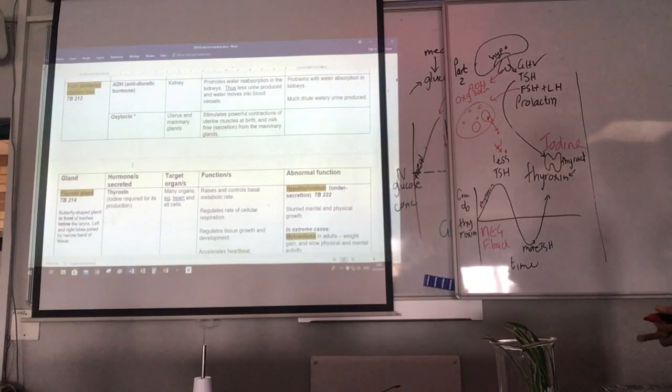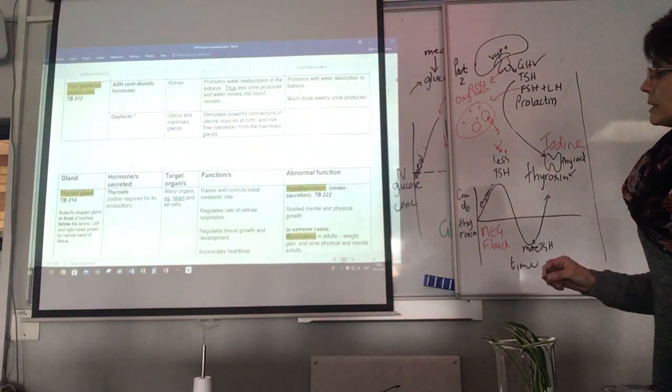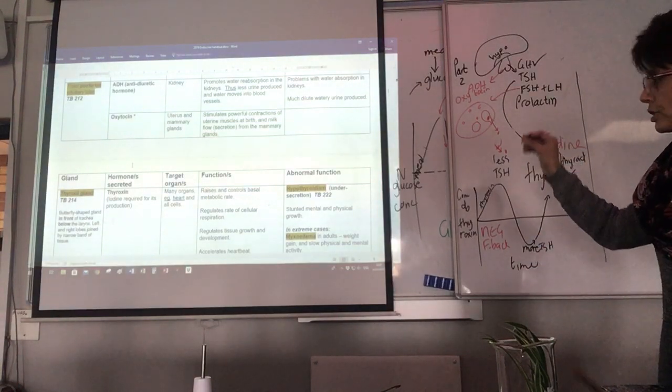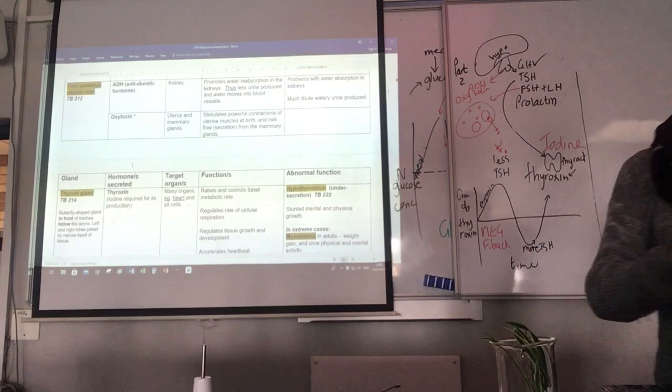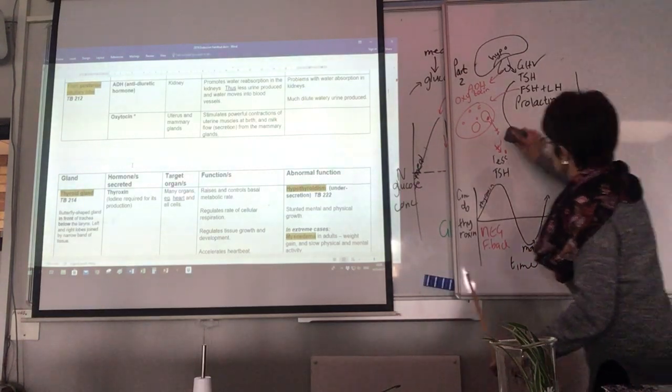And if you remember, ADH is the hormone that you learned about in grade 11, secreted by the pituitary, and it travels in the blood towards the kidneys.